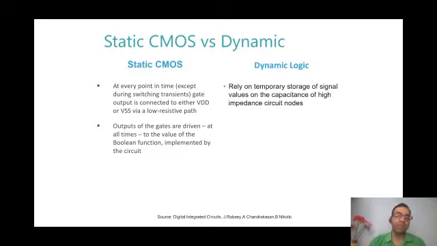Let us say I gave a small glitch on the input A of a NAND gate. There would be a small glitch on the output, but it will only be a glitch. For a dynamic logic gate, it will not just be a glitch. You give a glitch on the input and you will have a permanent voltage loss at the output.